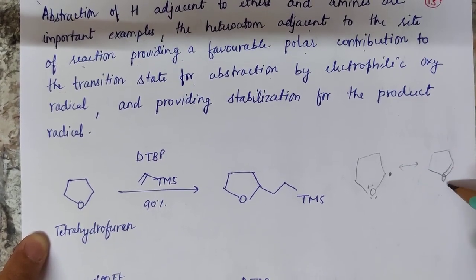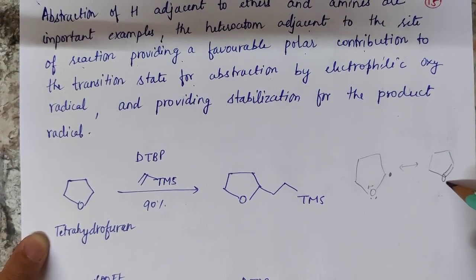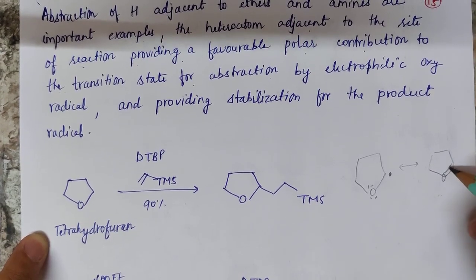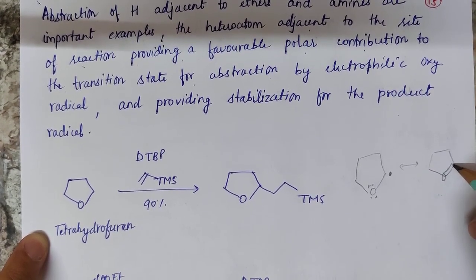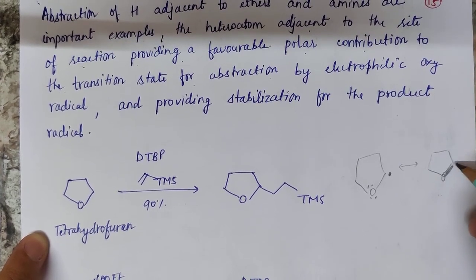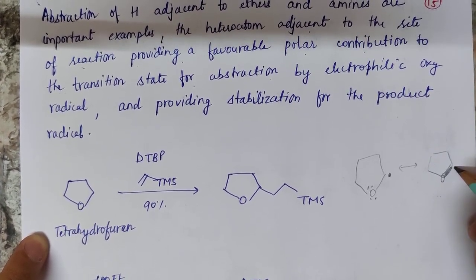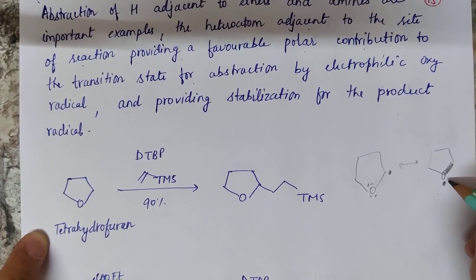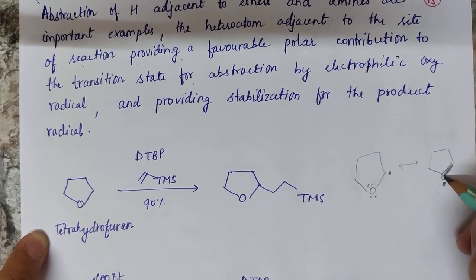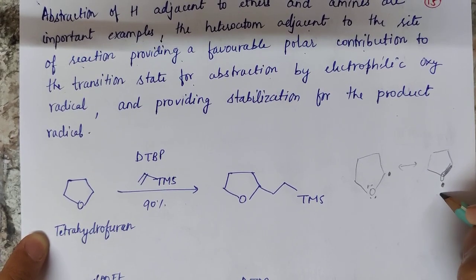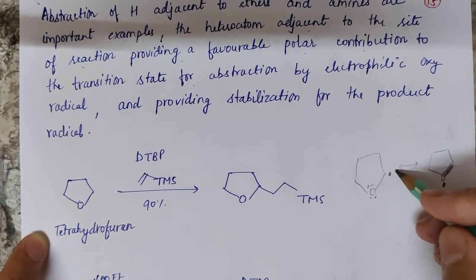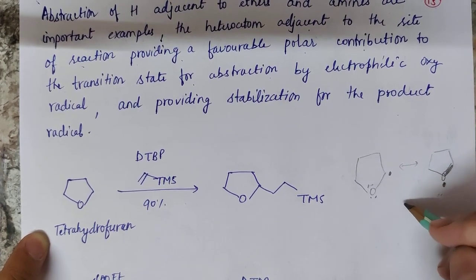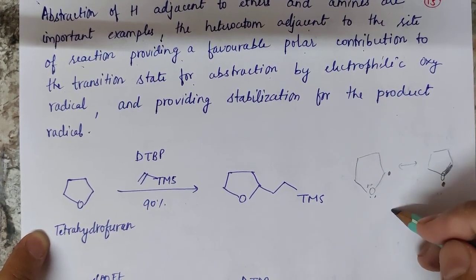This could form a double bond, or you can say radical shift could occur, not this double bond, single bond only. This carbon will have its complete octet, but this oxygen will be lacking one electron. So the oxyradical formation can take place. Due to this distribution of electron cloud, this species gets stabilized.